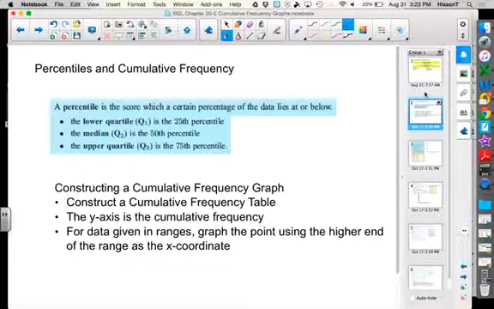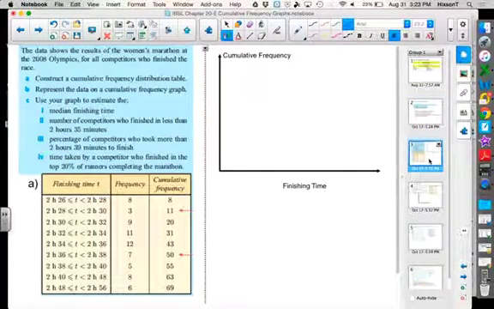So, getting back to our example, I was giving data for the women's marathon in the Olympics, and all of them were within the 2-hour range. So, when I start to draw my cumulative frequency, what I'm going to do is define my time as 2 hours and x minutes. Okay? 2 hours and x minutes.